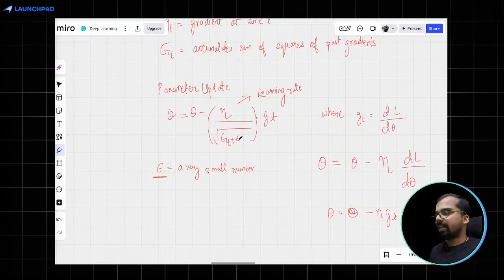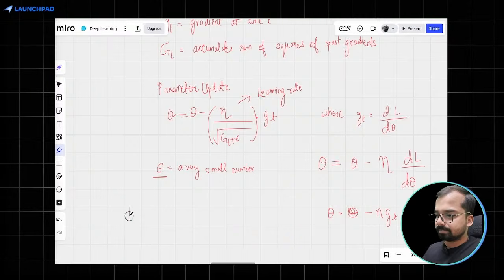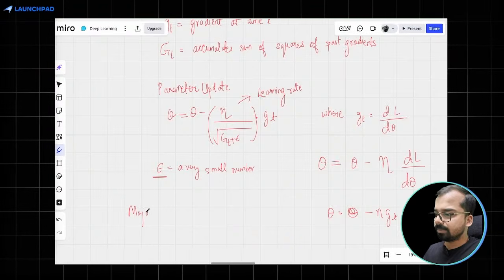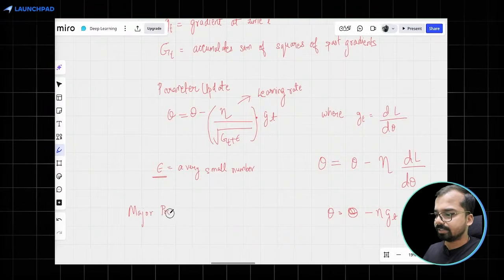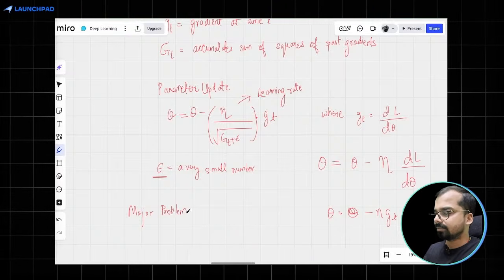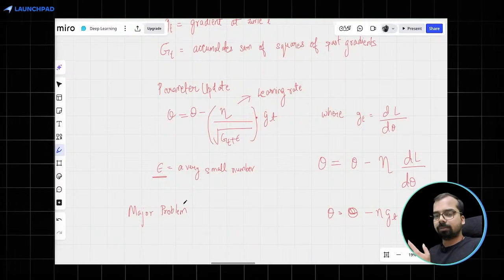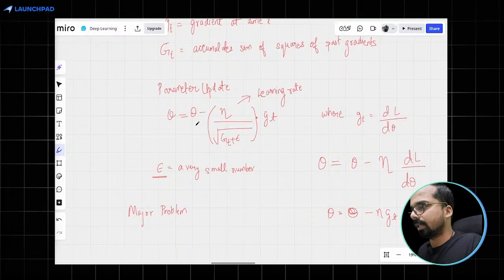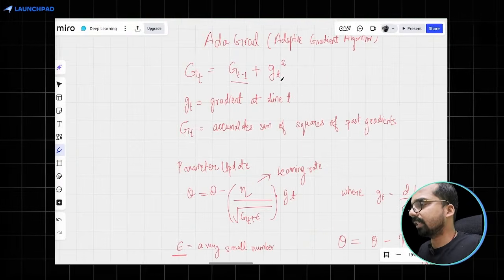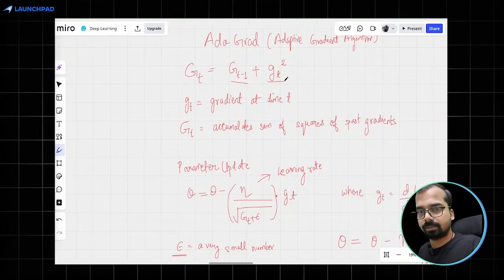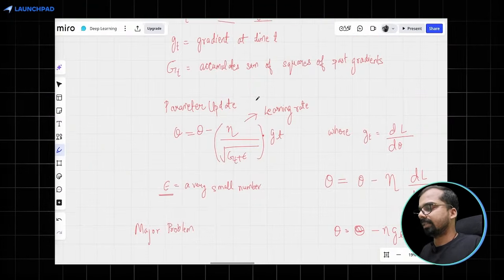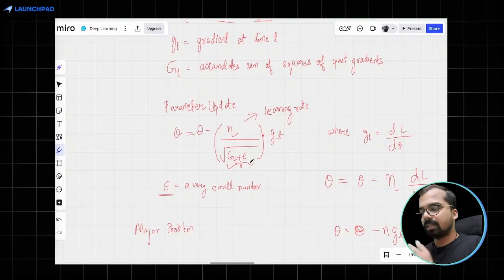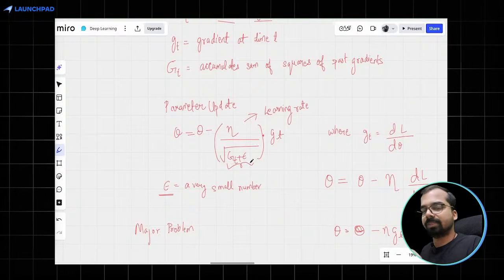Now, there is one major problem with Adagrad. When you keep on doing this weight updation, since you are continuously adding up the past gradients, this number will eventually become larger and larger with every time step.